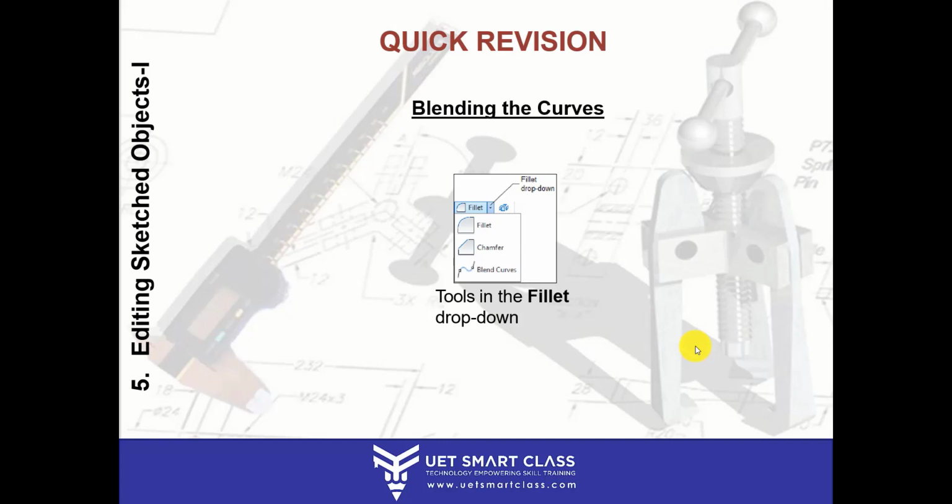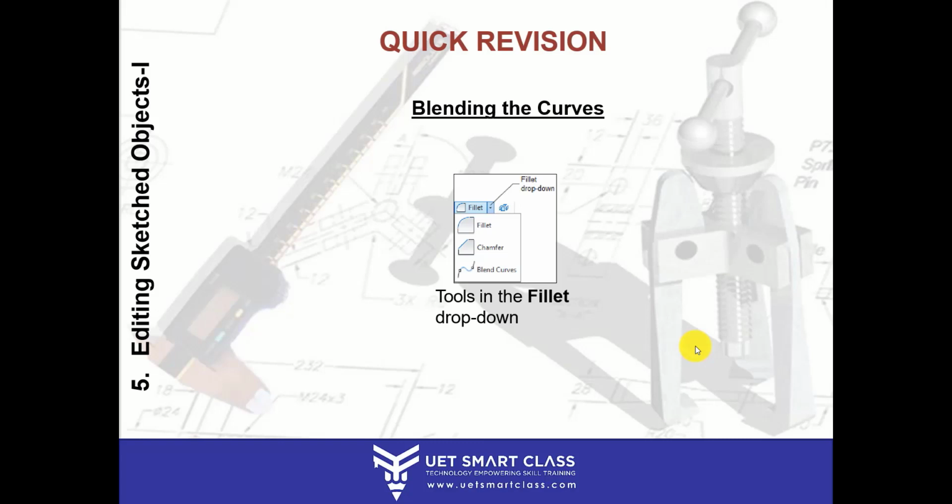So herein, this is the third tool in the fillet drop-down menu in your modify tab. Now, the most important factor to remember in blending the curves is you cannot use this tool when your lines or your arcs are joined. You should have a gap, then only it will blend.